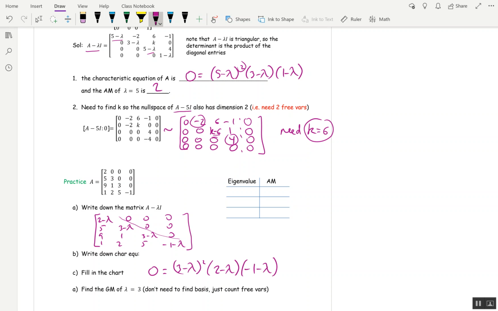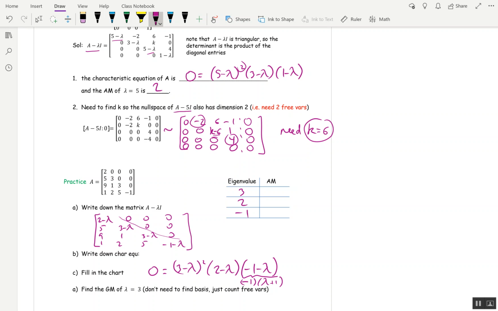So our eigenvalues are 3, 2, and then be careful. Think of this as negative 1 times lambda plus 1. So negative 1 is an eigenvalue.